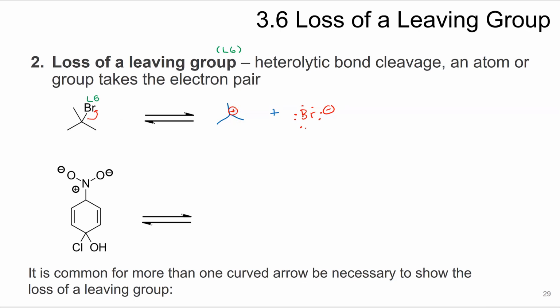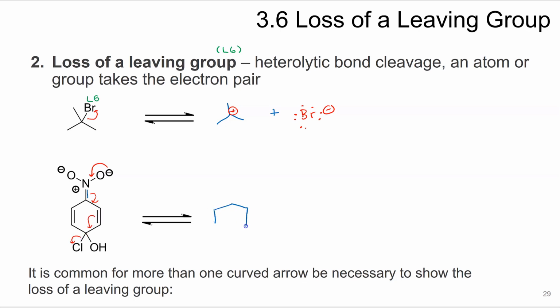Sometimes you have to use more than 1 curved arrow to show the loss of a leaving group in this situation here. So this structure is missing a double bond right there. In this situation, we have an electron pair going in to form the double bond. These electrons will kick down to here. This goes in to form this double bond, and that will get kicked off there.